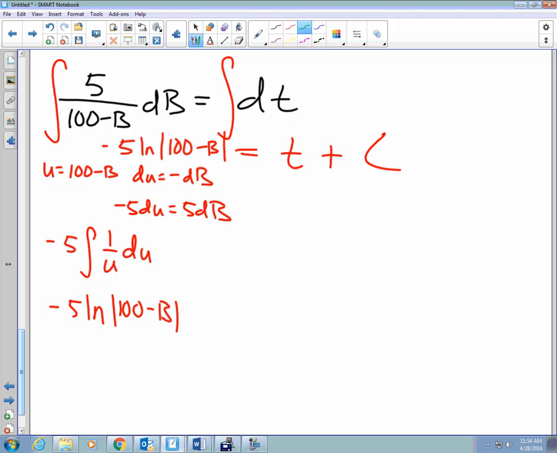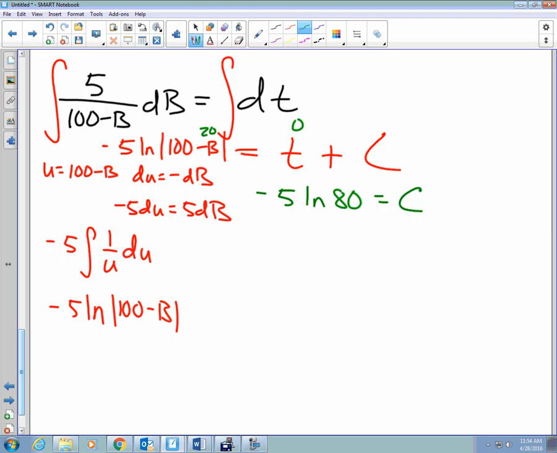Solve for c. What do I plug in? 0 for t and 20 for b. So I will have negative 5 times the natural log of, what's 100 minus 20? What's the absolute value of 80? Equals 0 plus c. Do I know the c value?